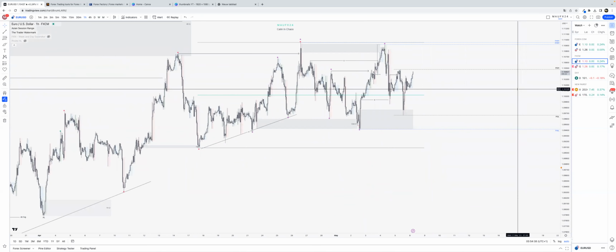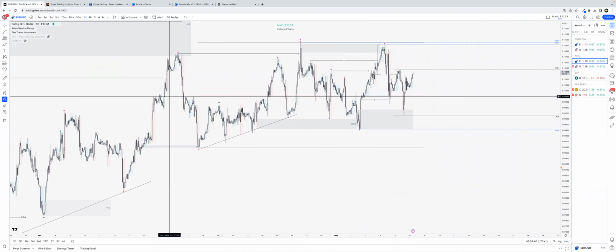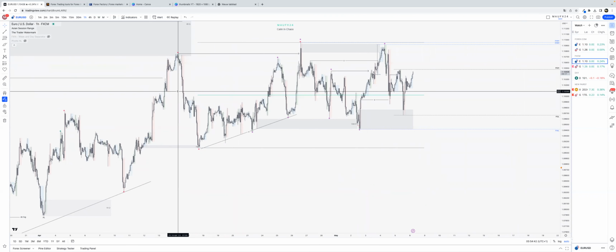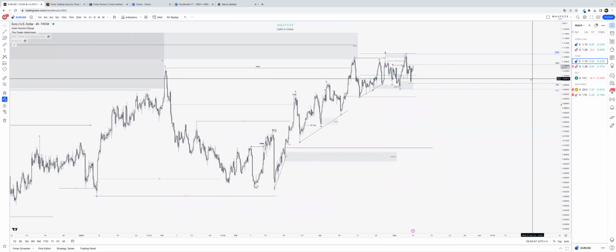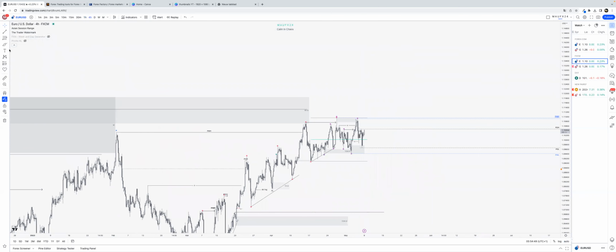So what do we have? Again, the highs, we are above all highs, but we're following this red structure. So my forecast for this week is that we at least take out these highs. This one. Maybe we get something like this.